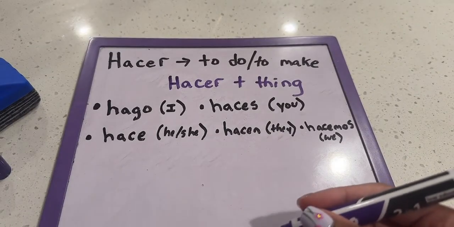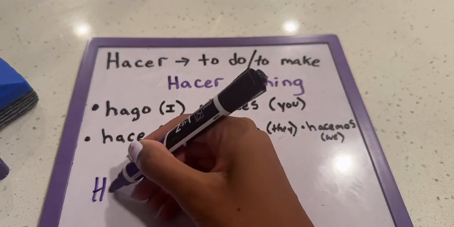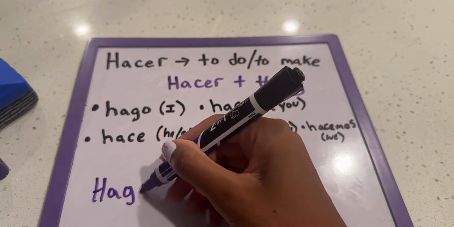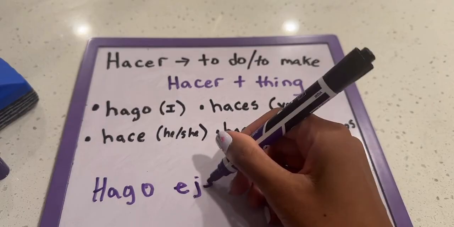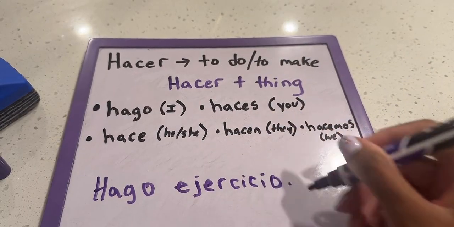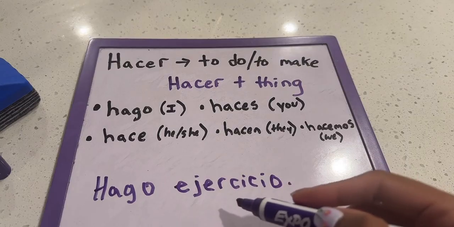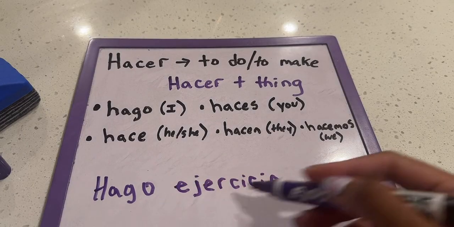Let's say you want to say, I work out. We could say something like, hago ejercicio. And I'm sure just from looking at that word, you probably have guessed that it means exercise. So what this phrase is saying is that I work out.